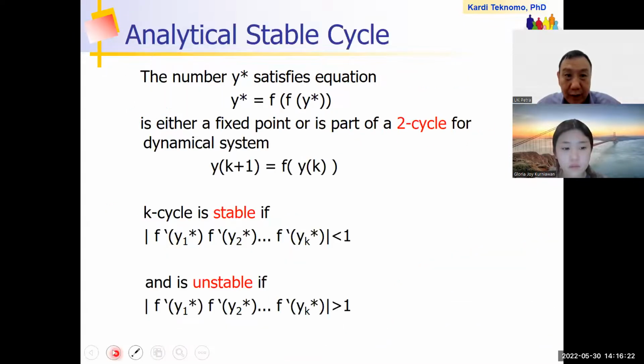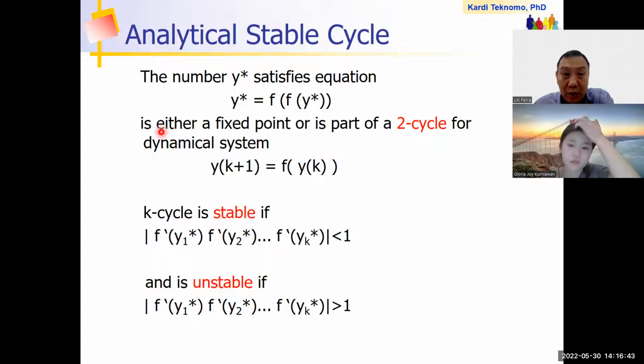Okay, and then the next question is, okay, there is a cycle. We found there is a cycle, and that cycle has a period of 2. Then you check if that cycle is stable or unstable.